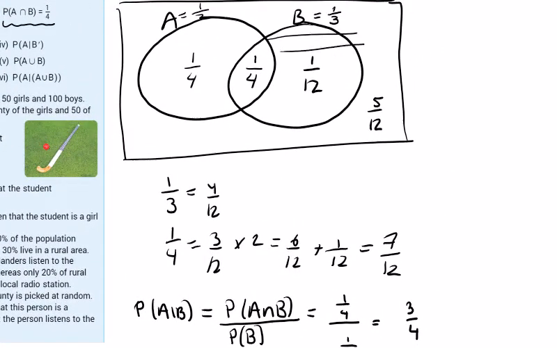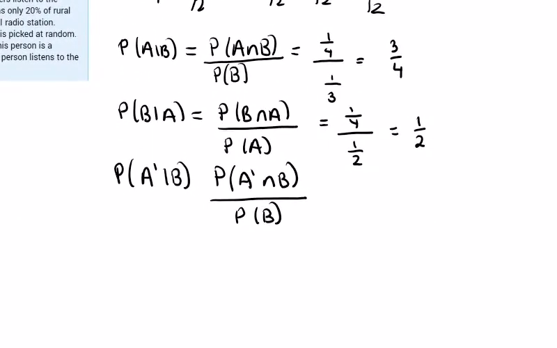Well, you just have to draw a few lines to see where does everything outside of A. Now this is outside of A, but it doesn't cross over with B. So we have A complement intersection B is that section there, which was 1 over 12. And if we divide by B, which was 1 over 3, we're going to get 3 over 12, or 1 over 4.